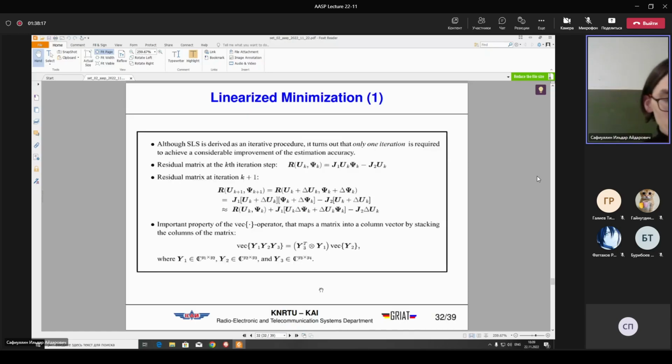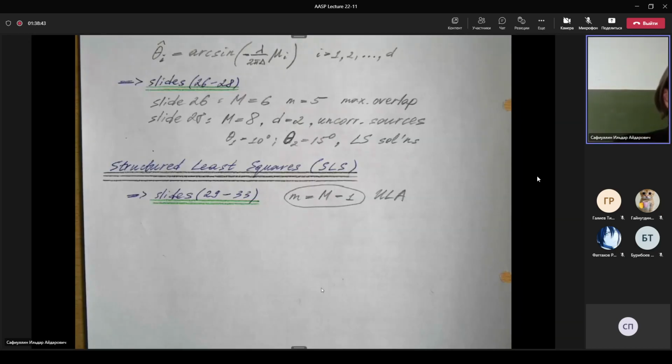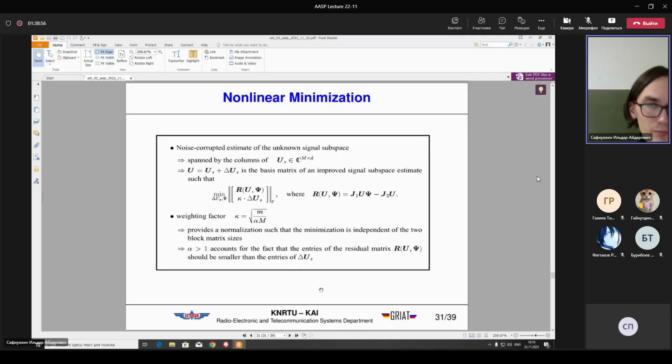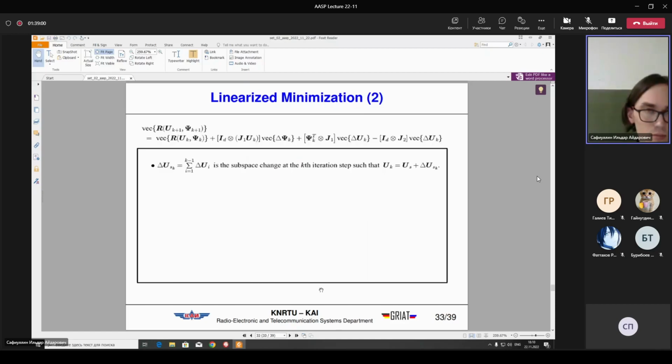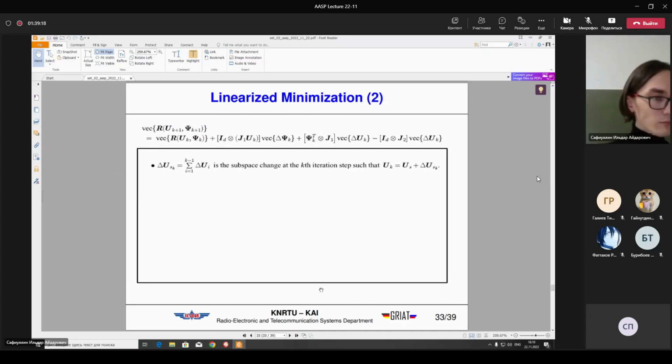Let's write our goal, and then we will go step by step through what we have here: what we have for the residual, and what we have for the vectorization.